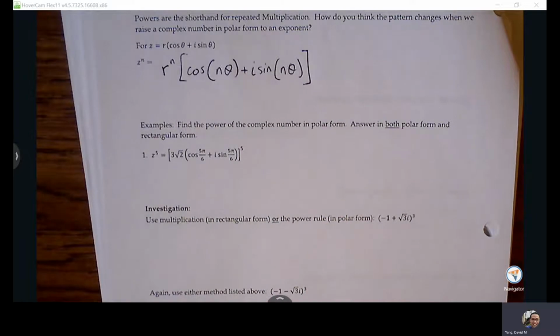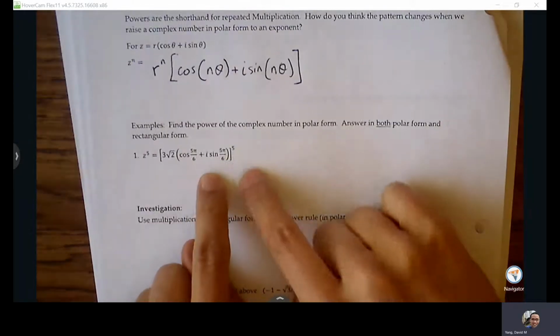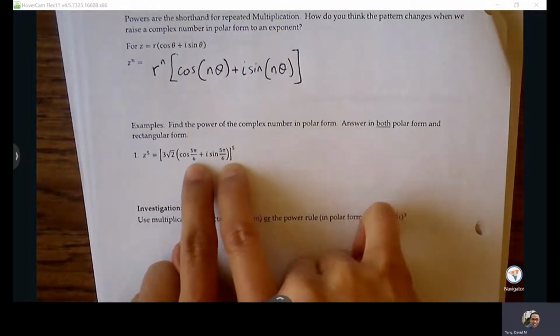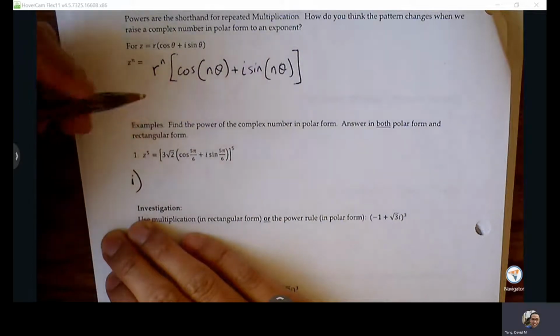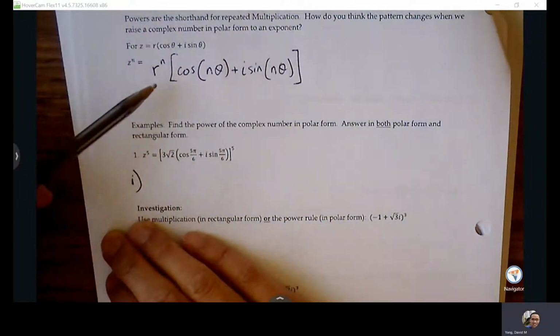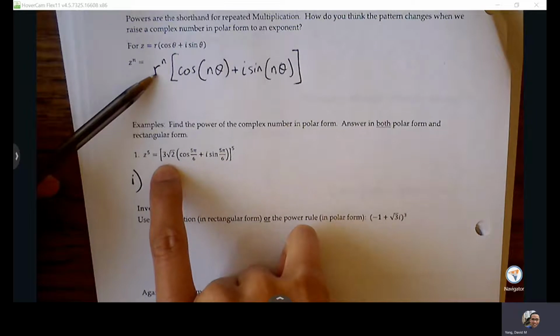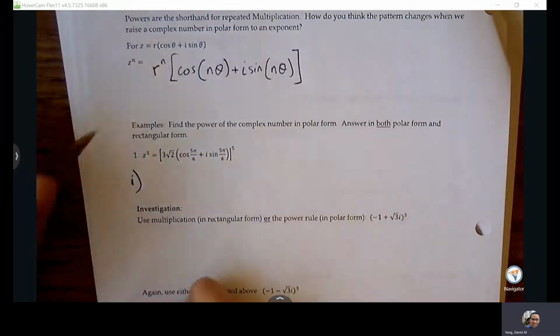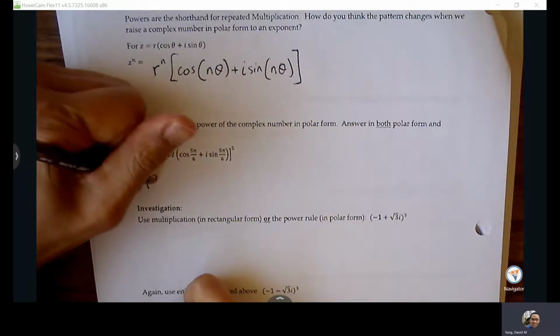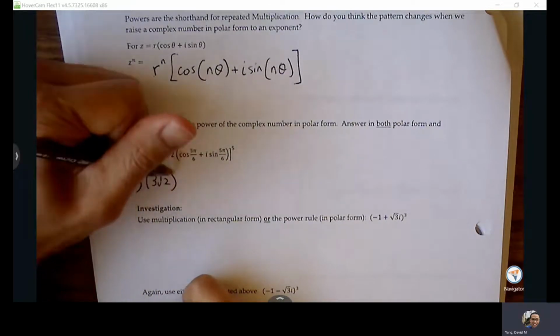Okay, and then we will multiply the n value through the theta. So we're just going to follow the formula here. My radius is 3 root 2. So I'm going to do 3 root 2 raised to the fifth power. Make sure that you put 3 root 2 in its own set of parentheses.